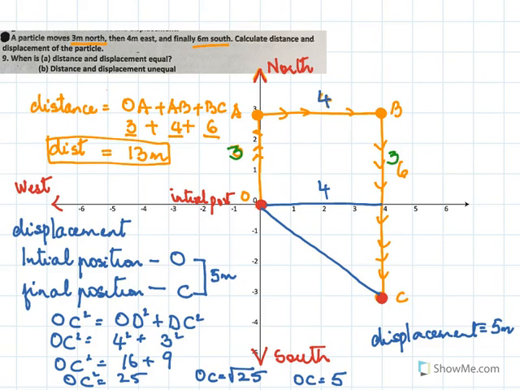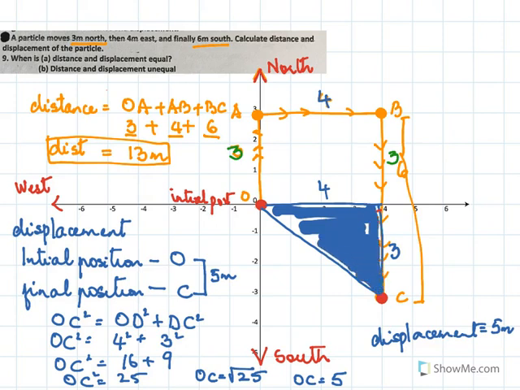Since the total was 6, this part also turned out to be 3, because 3 plus 3 is 6. And when we use Pythagoras theorem in this triangle, we found our displacement. This was the displacement, initial and final position.